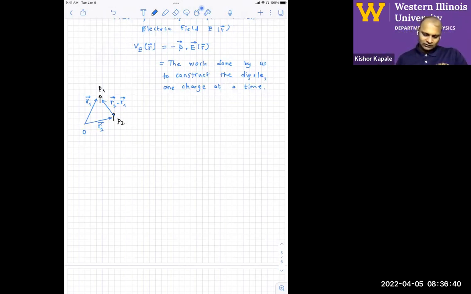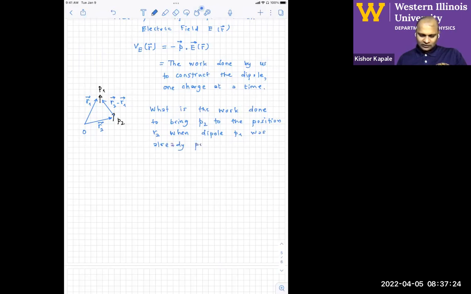And then we want to calculate. So now our goal is to calculate the work done to bring P2 at P2 to the position R2 when dipole P1 was already present at R1.